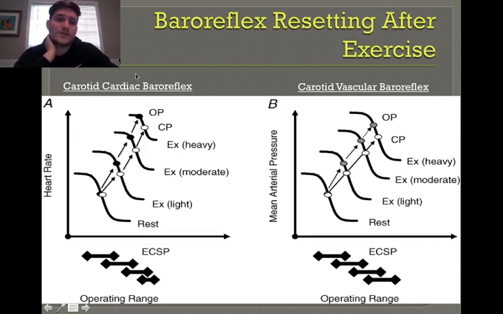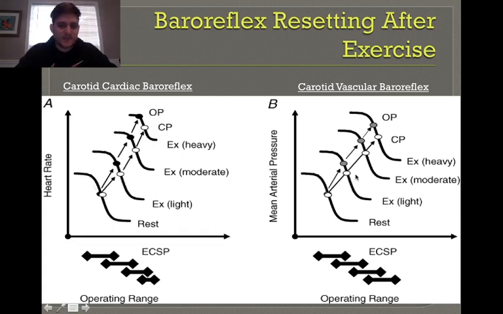So what changes are occurring to our cardiac response in regulation of blood pressure, and what changes are occurring baroreflex-wise to our vasculature circulation? How do each of these contribute to blood pressure regulation as we increase intensity of physical activity? So first, let's just look at the basic graphs themselves.